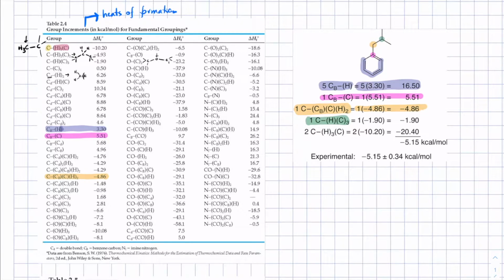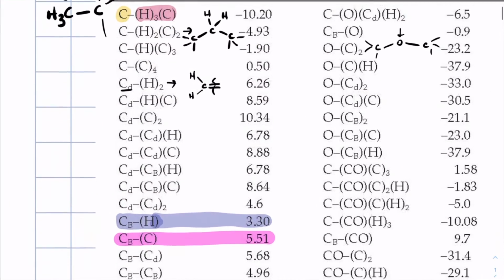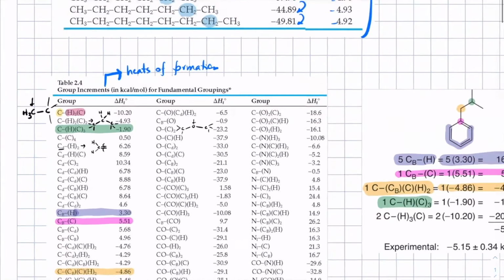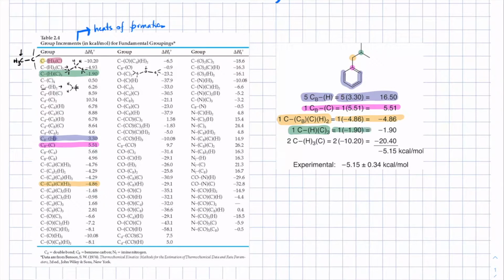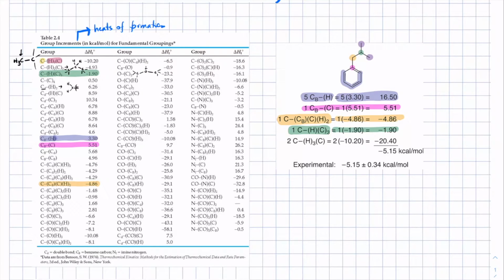That is a carbon bonded to hydrogen and 3 other carbons, a tertiary carbon. We look here, and the number minus 1.9 is the one we're looking for. And then finally, we have 2 methyl groups, and we've identified their contributions here, minus 10.2. So you put it all together, and you get a number that compares pretty well with the experimental number.